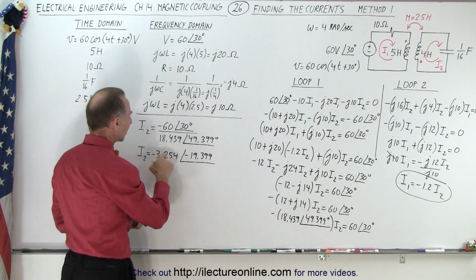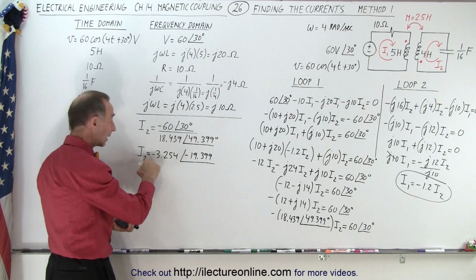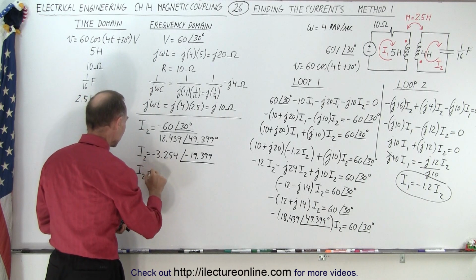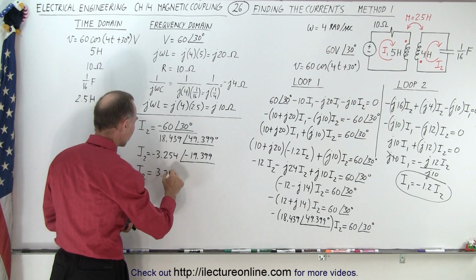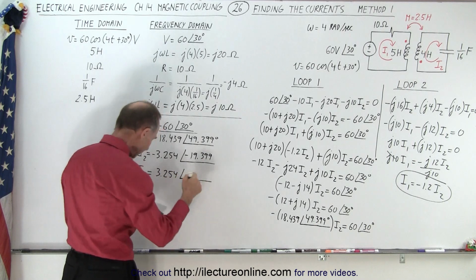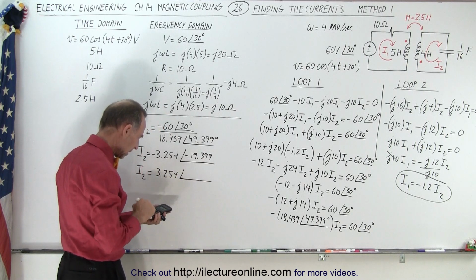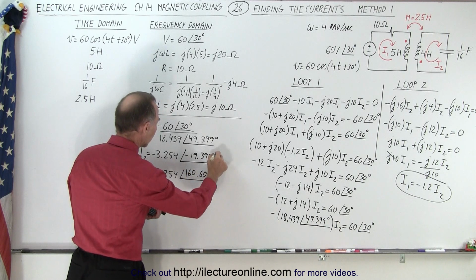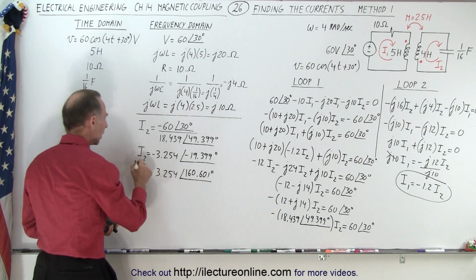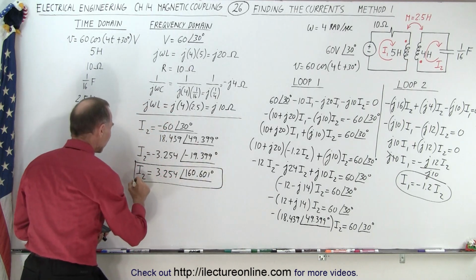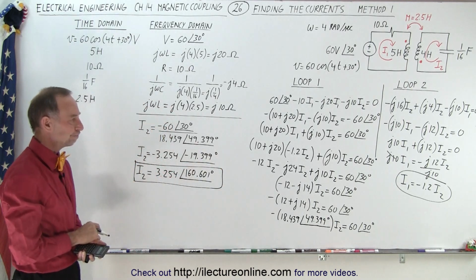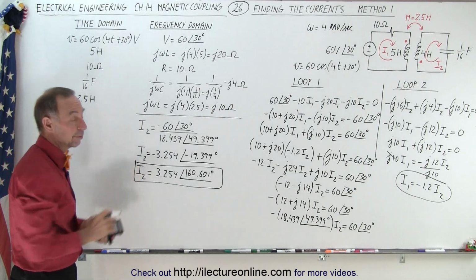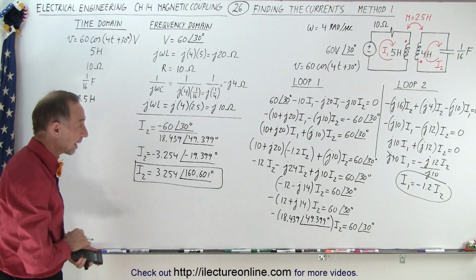And then if I add 180 degrees to that to get rid of the negative sign, I can say that I2 is equal to 3.254 with a phase angle of 160.601. There we go. And now I have the value for I2, at least in the frequency domain. Then of course we'll have to convert to the time domain.